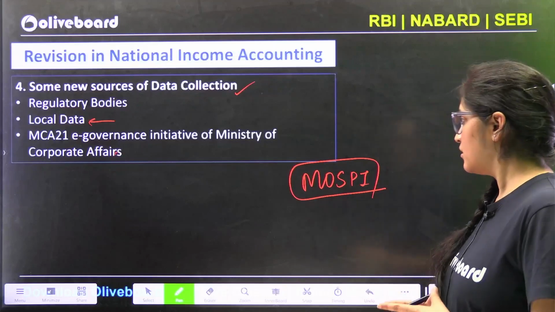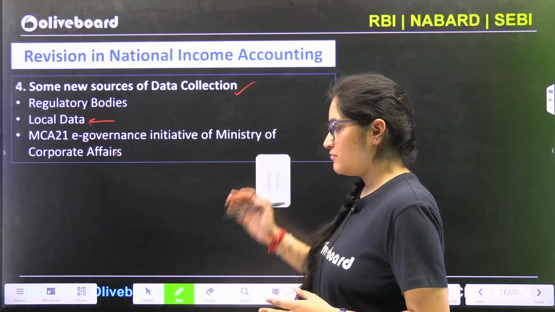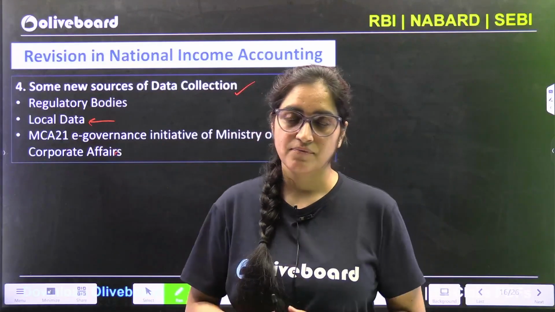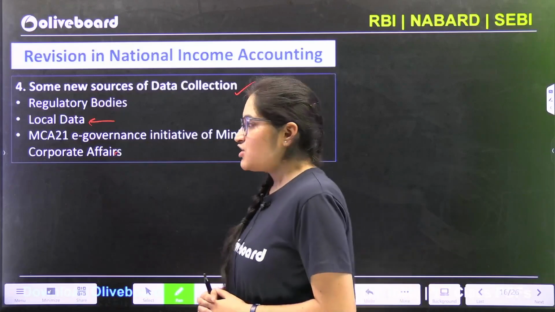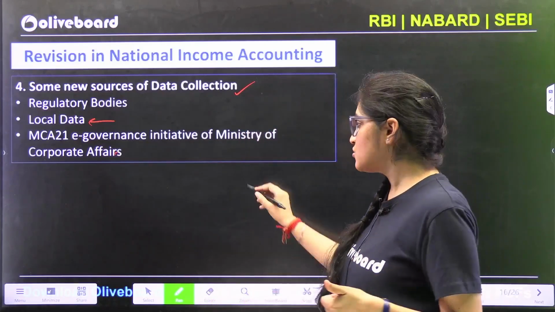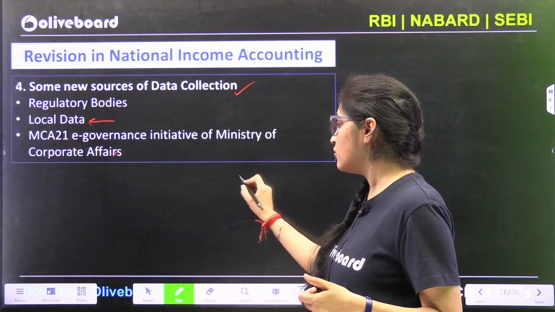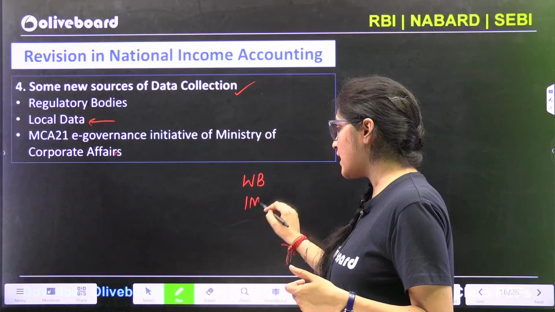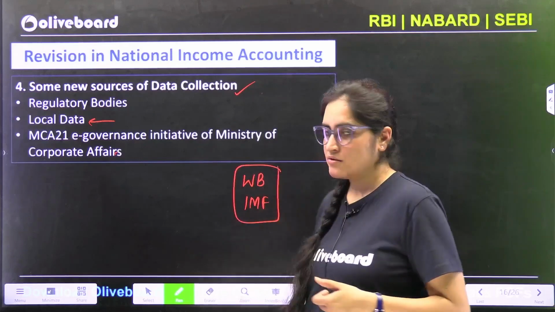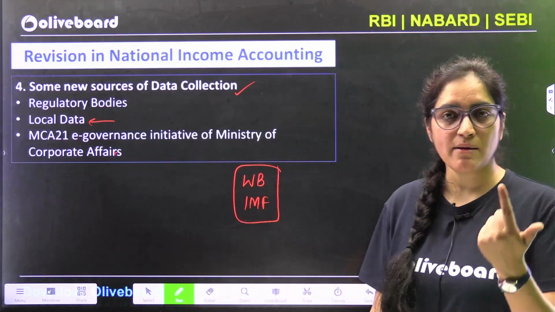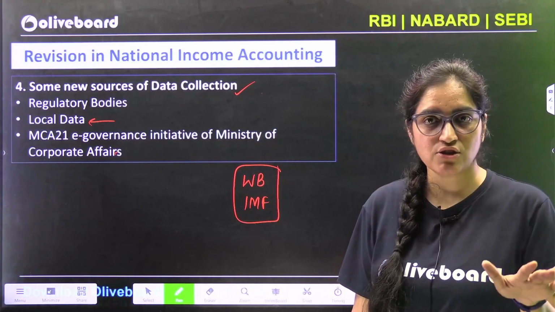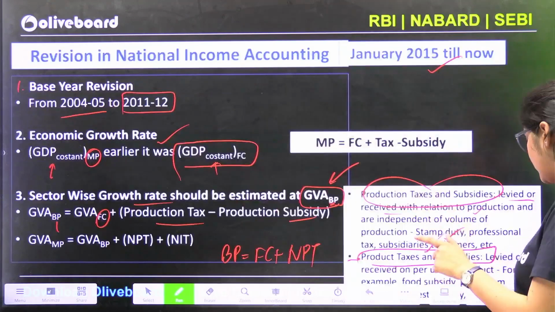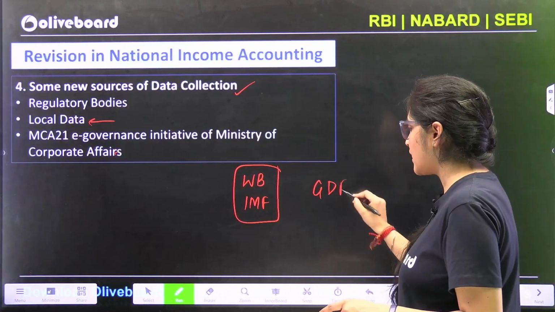Now, when such a major change was made, there must be some thinking behind it. Why are we changing this? One reason is that this is an international practice followed by the World Bank as well as the IMF and other developed nations, that is, calculating GDP at market prices.